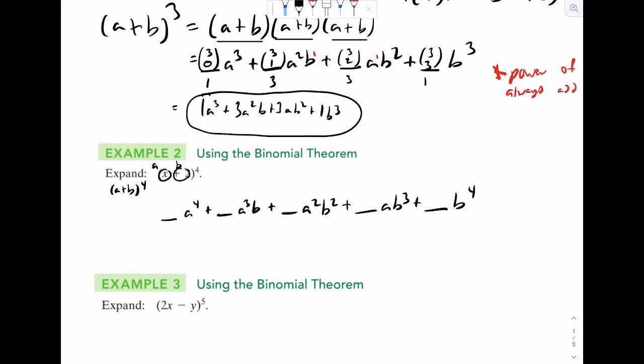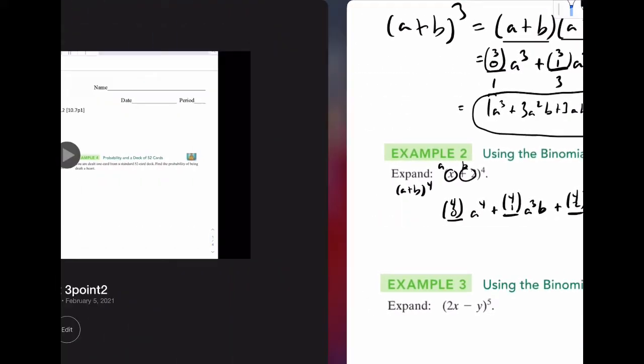And then we're going to fill in what we know. So this is 4 choose 0, 4 choose 1, 4 choose 2, 4 choose 3, 4 choose 4. And at this point, we're going to calculate everything. So let's grab our calculator. This is a lot of computation, so I'm going to show you how to do it quickly.